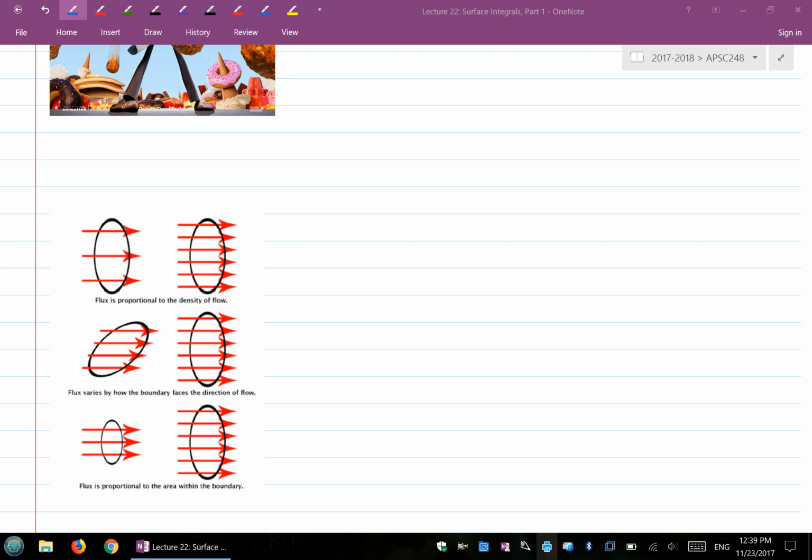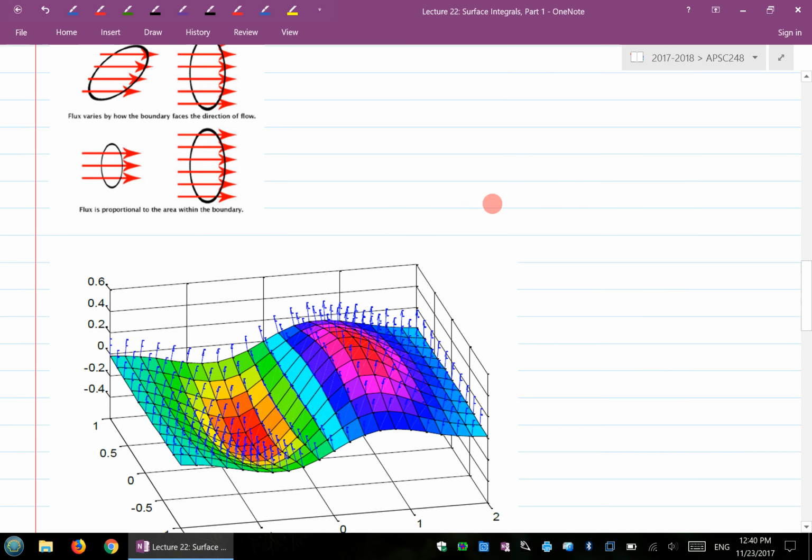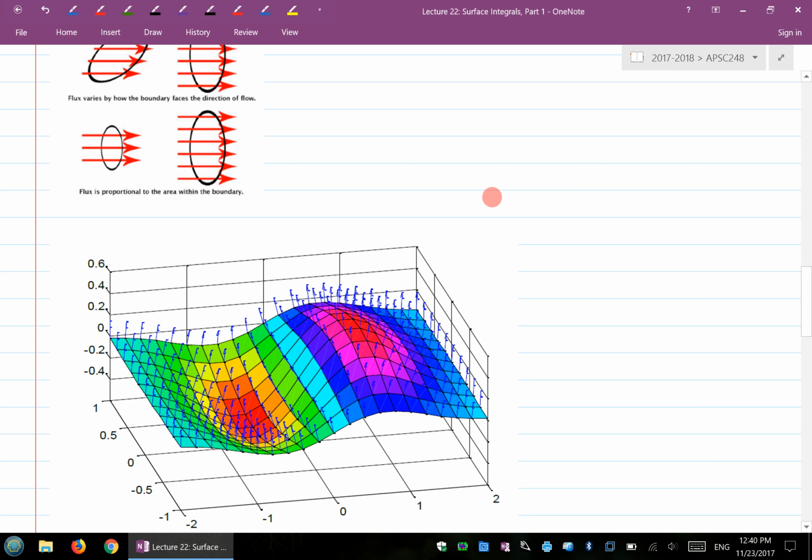If I wanted to calculate the amount of stuff passing through the surface, we need to capture these three pieces of information in the formula we present here. Now you actually mentioned one thing: you really want to orient your surface to be perpendicular to the direction of the falling fields.